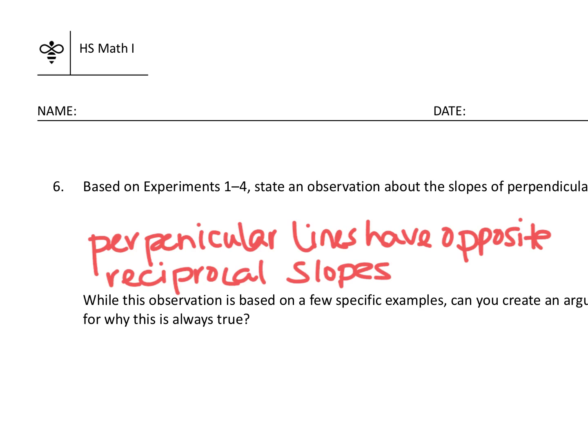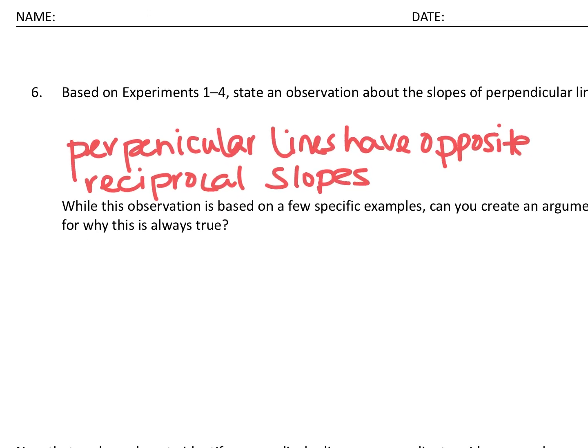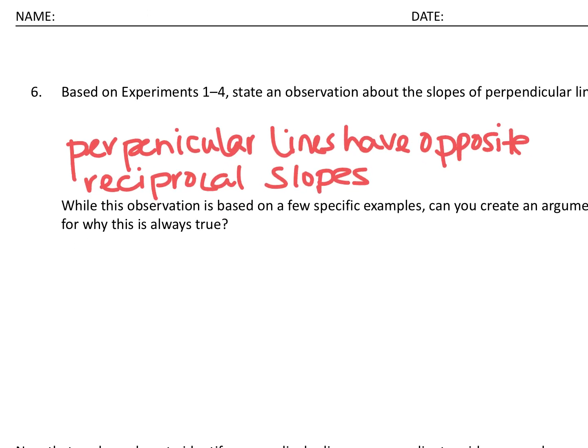Okay, and while we only did 2 experiments to show that this is happening, the argument that we could use to justify why this is always true has to do with how the legs on the triangle were switching as we rotated. So that will be kind of our proof right here.